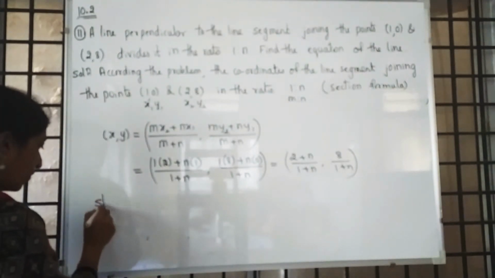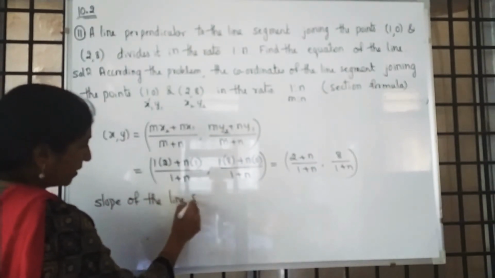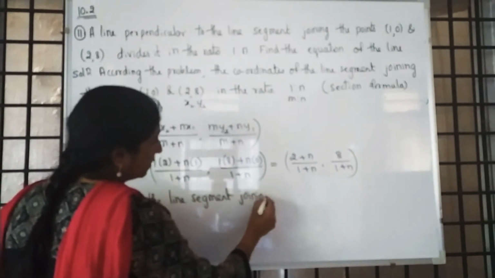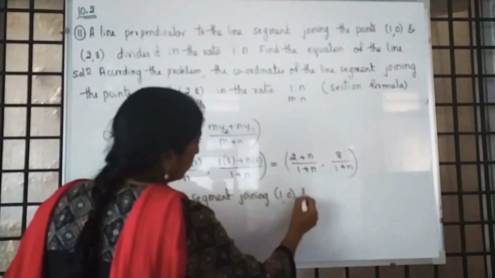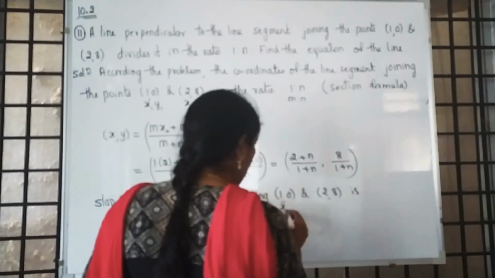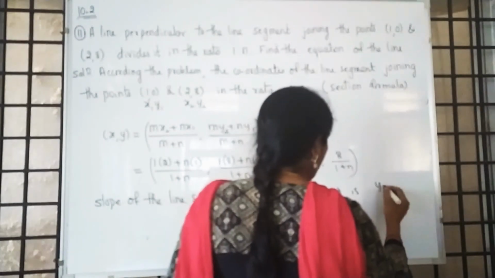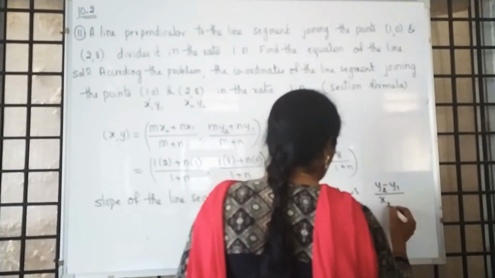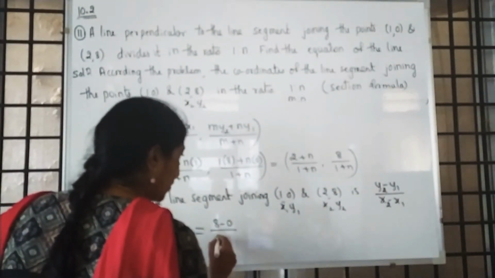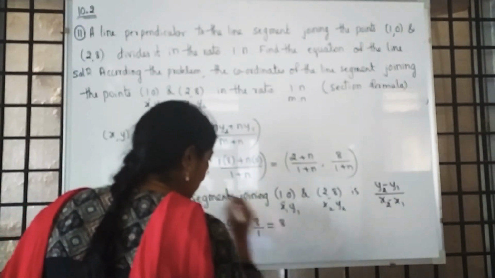Now, what is the slope of the line segment joining (1, 0) and (2, 8)? This is x1, y1, x2, y2, so the slope is (y2 minus y1) upon (x2 minus x1), that is (8 minus 0) upon (2 minus 1), 8 upon 1 is 8.